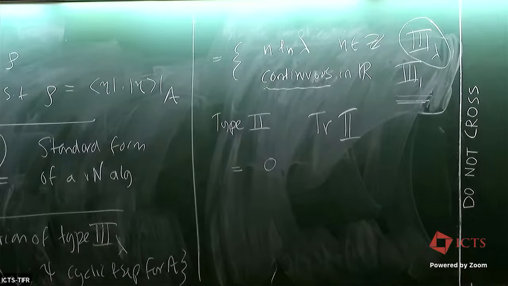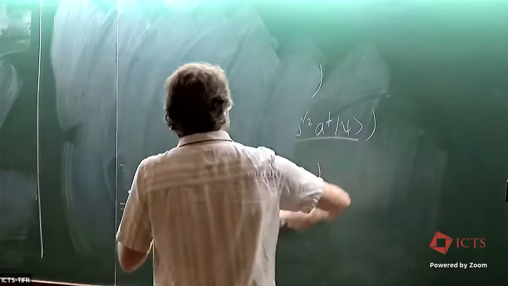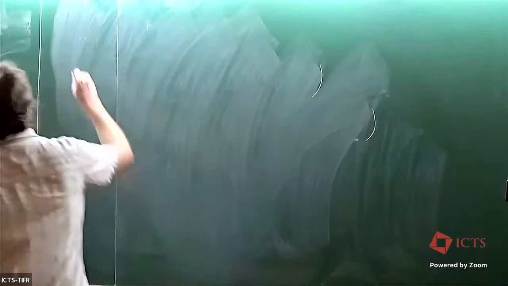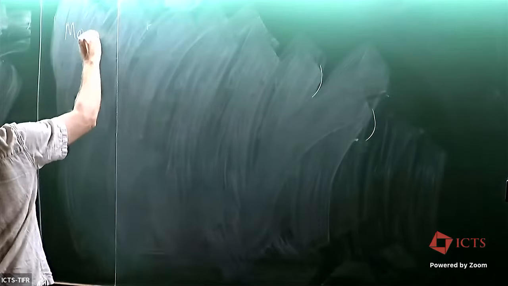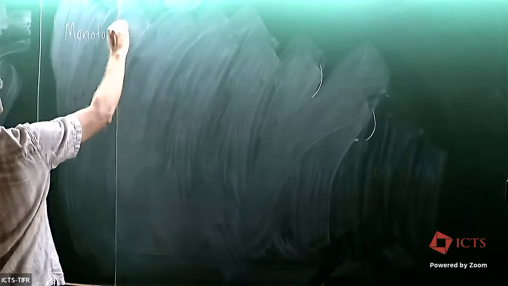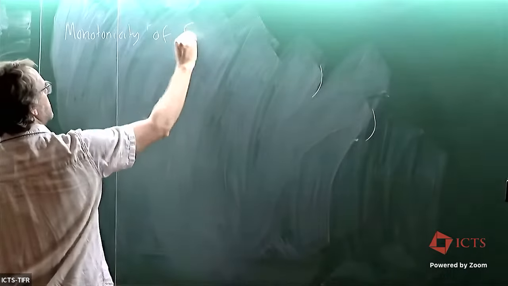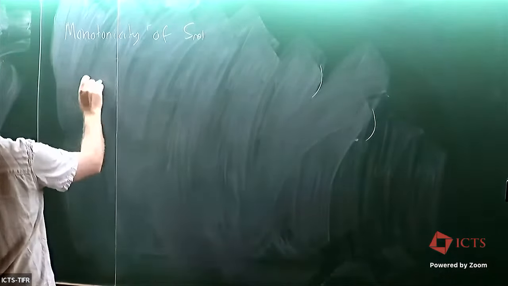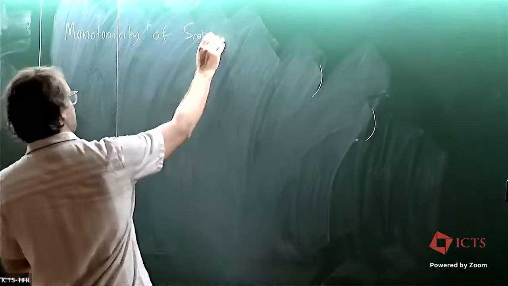Okay, so one of the most important things about relative entropy is it's monotonic in some sense, right? So in which sense? Monotonicity of relative entropy. There's a more general sense, but this is pretty good.